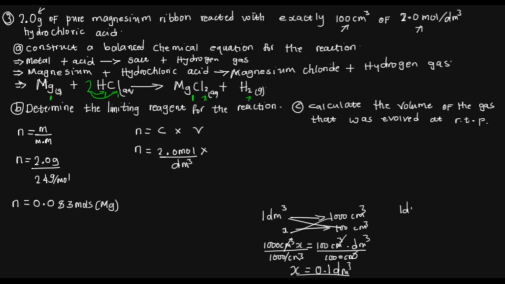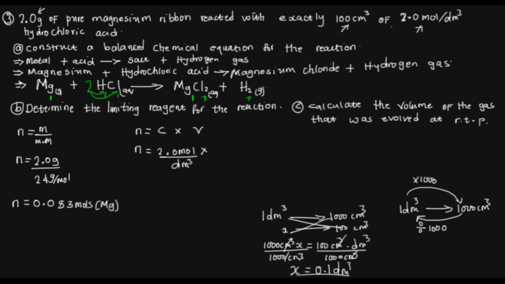So here what we are saying is one cubic decimeter has a volume of 1000 cubic centimeters. So if we are converting from decimeter cubed to centimeter cubed, you multiply by 1000, but the reverse, you divide by 1000. That is the principle behind this.